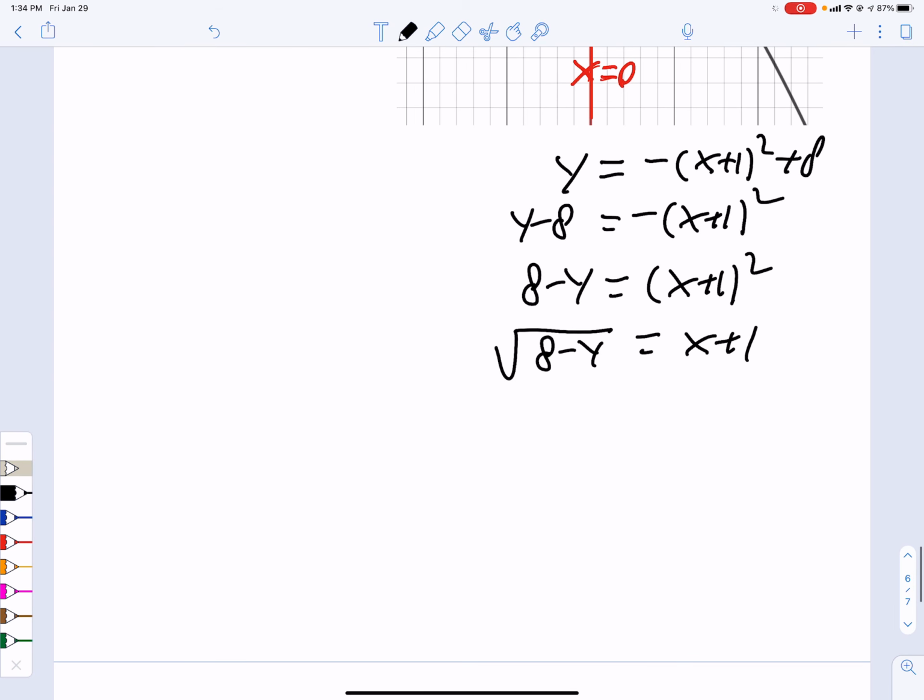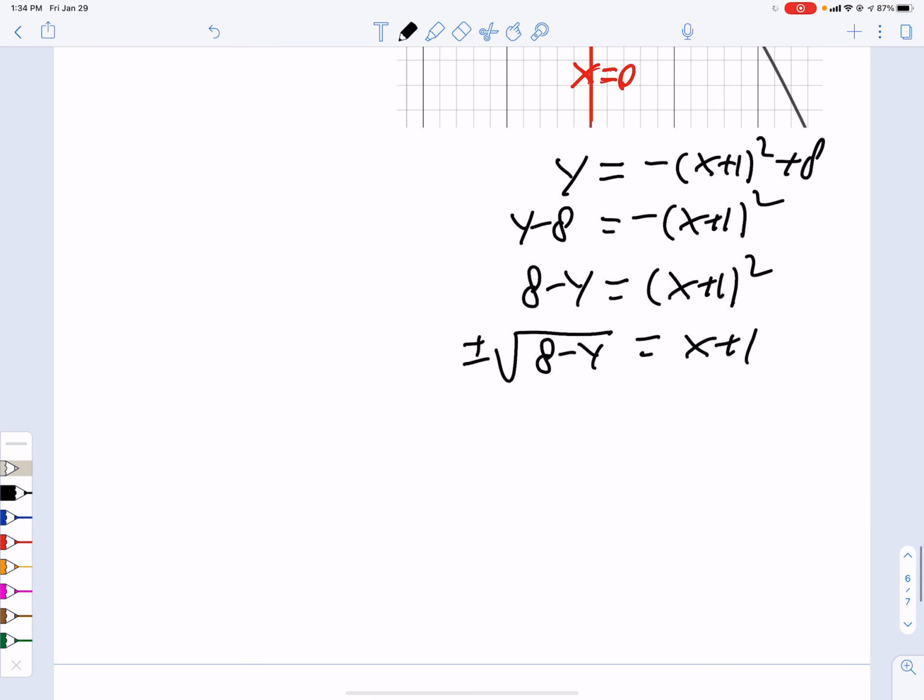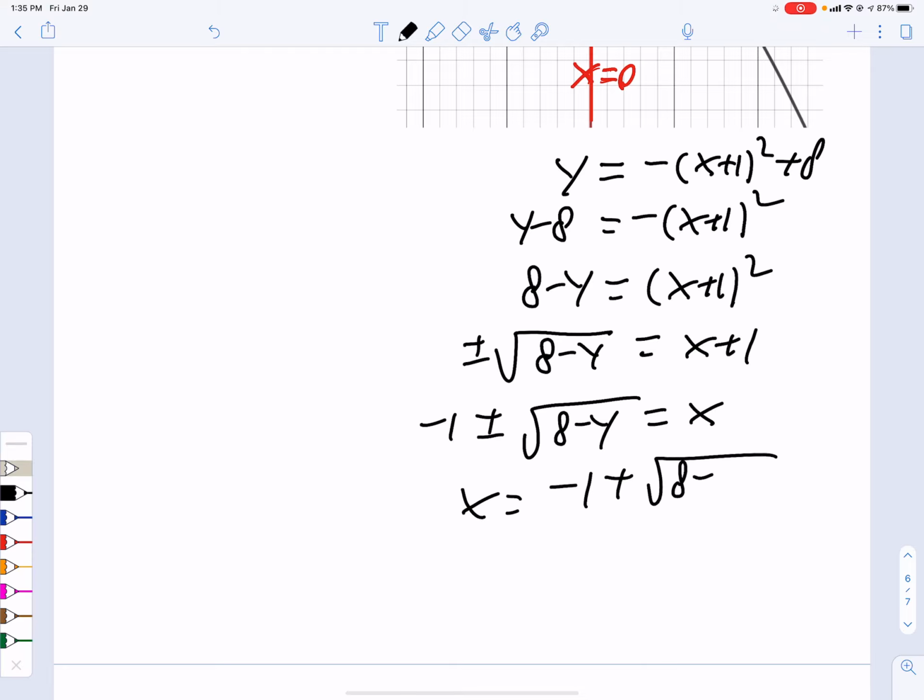Technically I need a plus or minus there. And let me subtract 1 from both sides. So x equals negative 1 plus the square root of 8 minus y, or it's negative 1 minus the square root of 8 minus y.